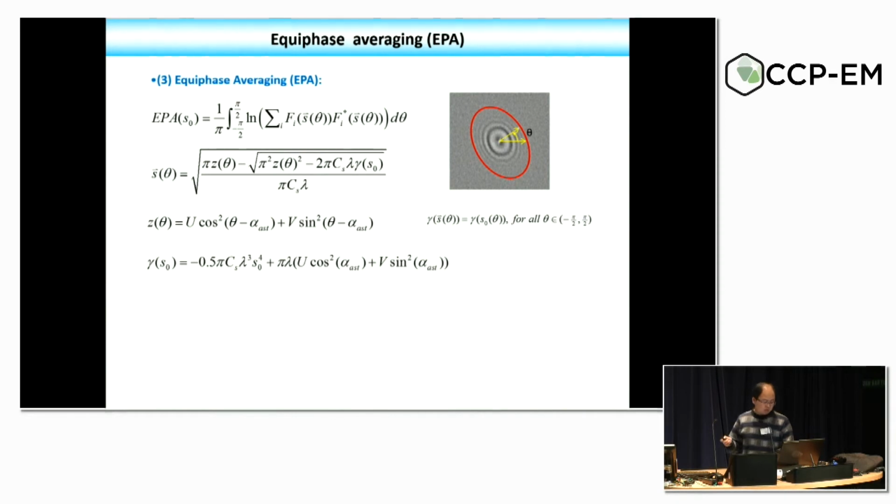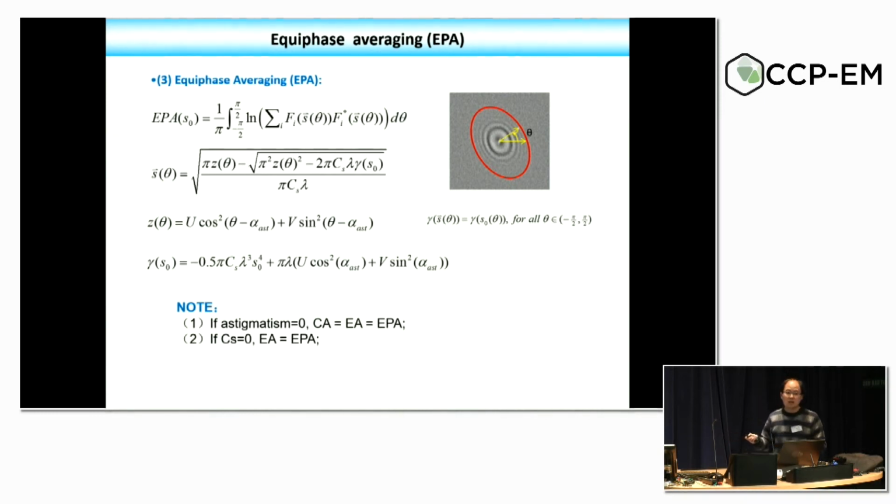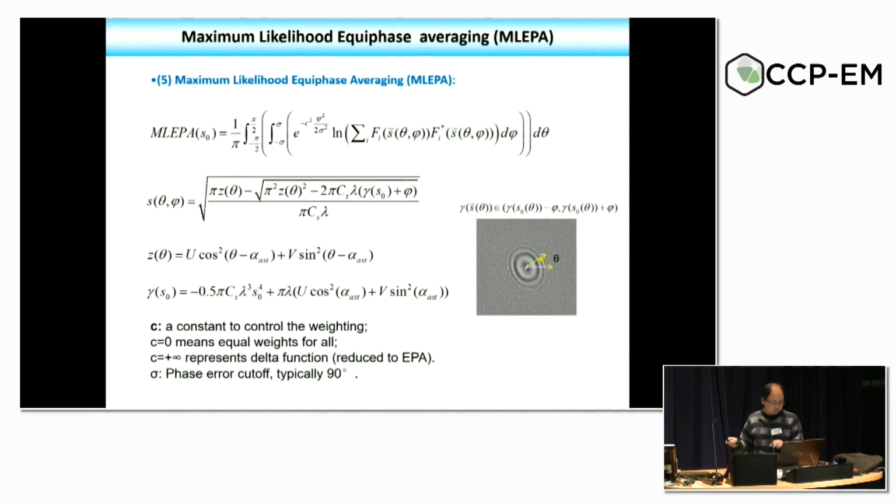And this is not elliptical, obviously. But in some special cases, they might be equivalent. Without the astigmatism, the circular averaging, elliptical averaging, and equal phase averaging are all the same. And without the CS, elliptical averaging and equal phase averaging are also the same. It's ideal elliptical.